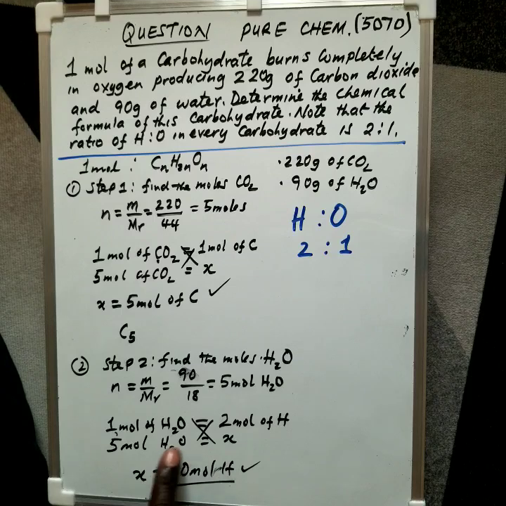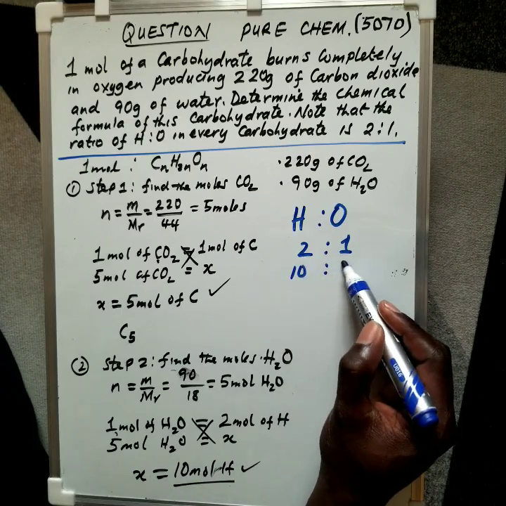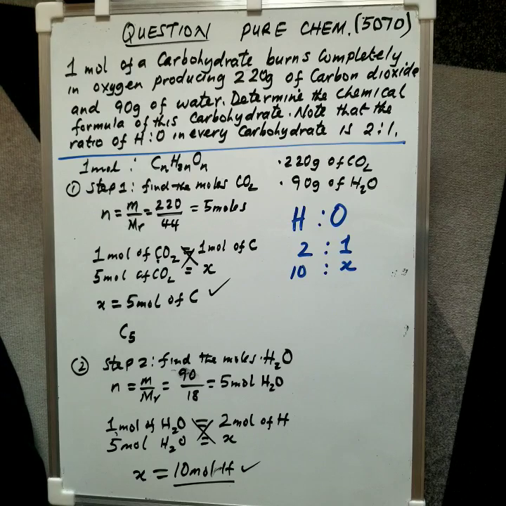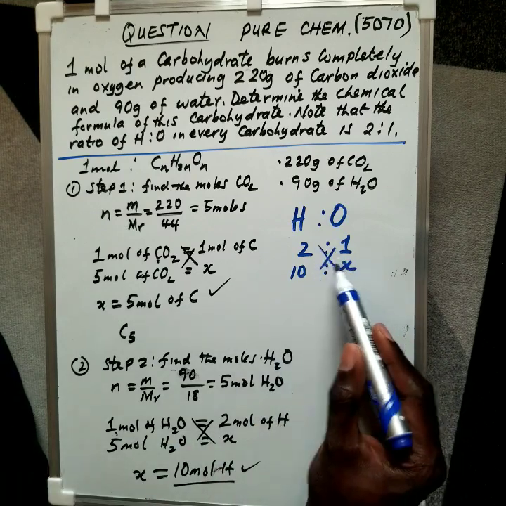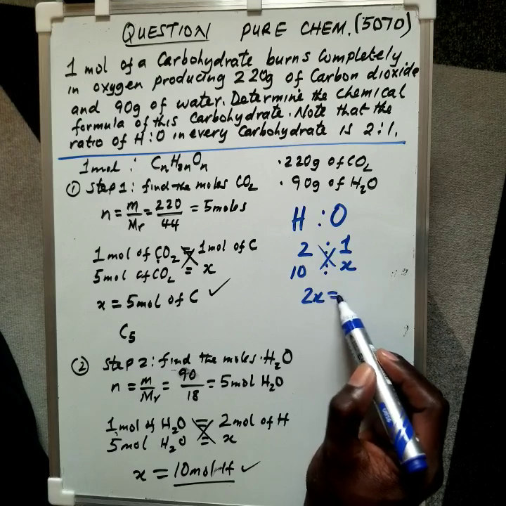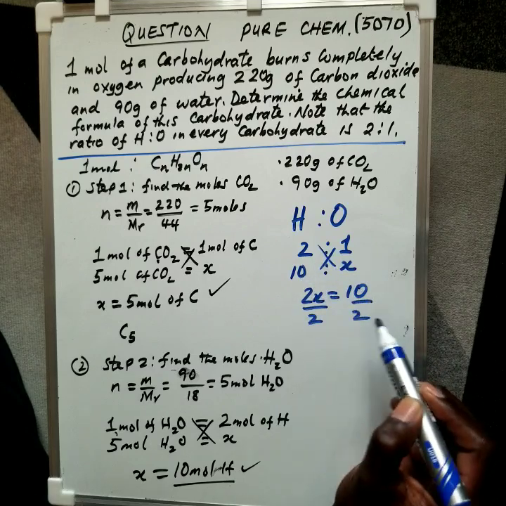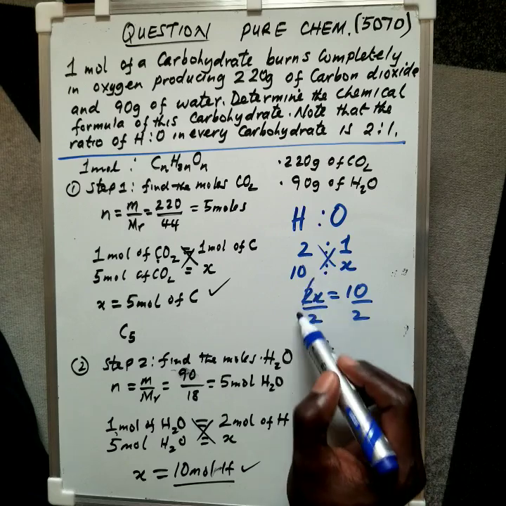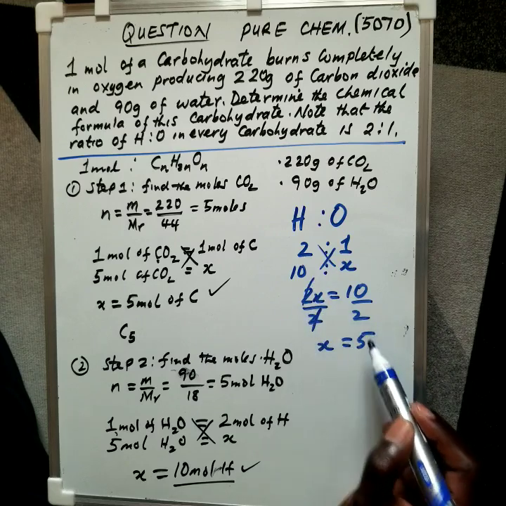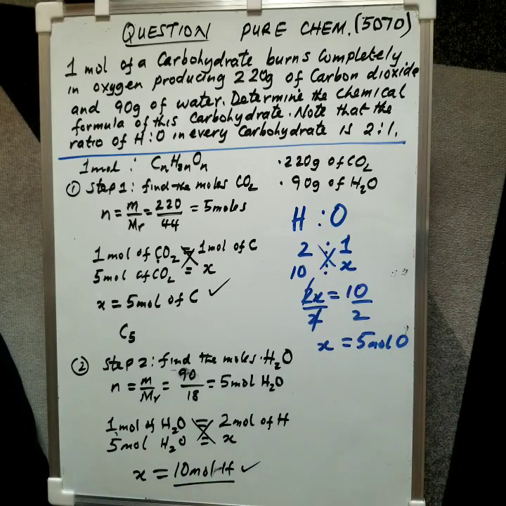For hydrogen it is 10, so how many moles of oxygen will that give me? We don't know, so we cross multiply: 2x is equal to 10. To find x, I divide by 2, so x is 5 moles of oxygen.